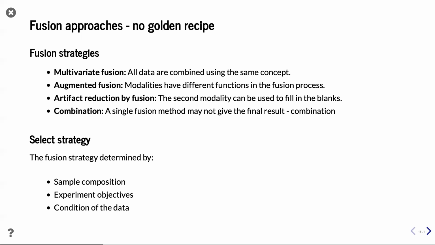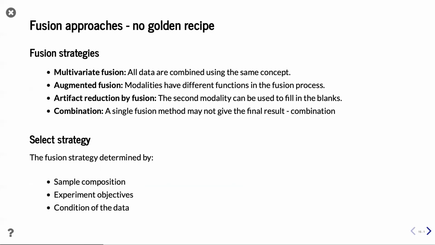And then you can use it also for artifact reduction, that with the help of the second modality, you can exclude that this point can't be that high value or low value. And then with the help of that, you can tell, okay, this is the place to fix something.